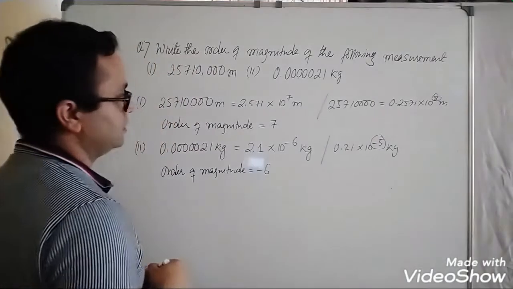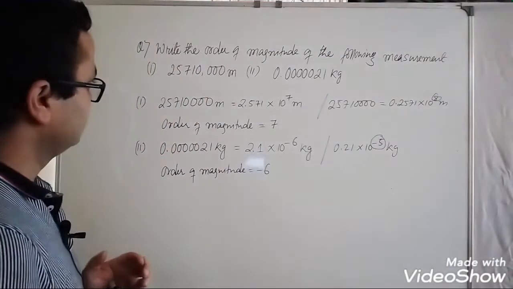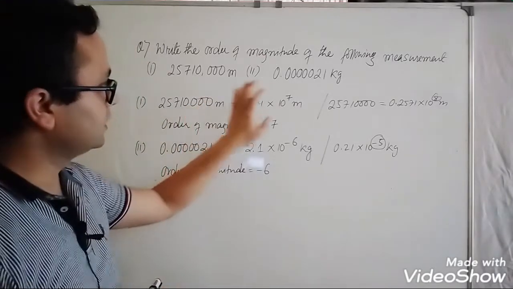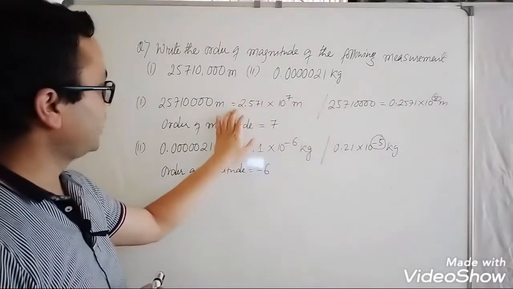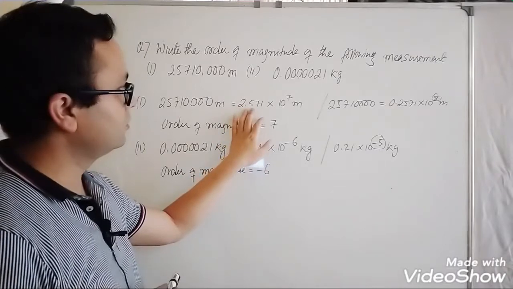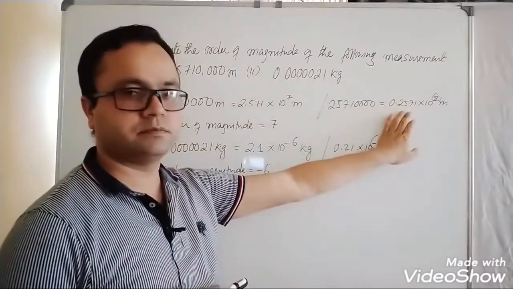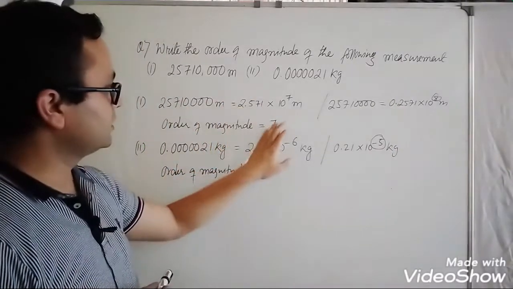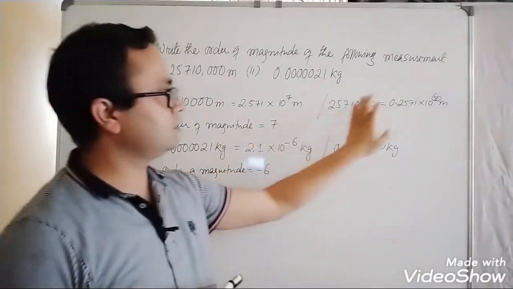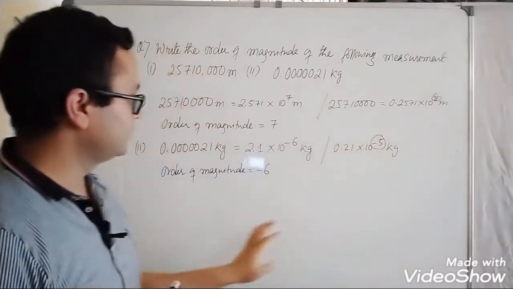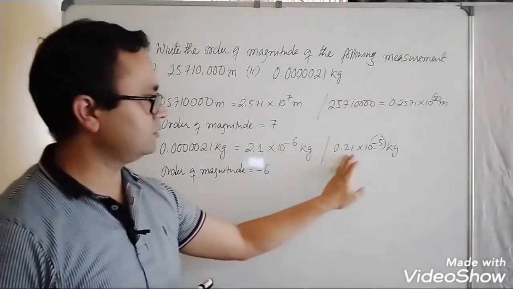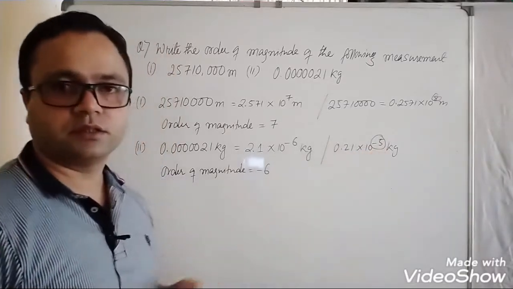So we can do it in two ways, either with the least significant digit or with the decimal form. In least significant form the order is 7, in decimal form the order is 8. Here, in least significant form the order is -6, in decimal form the order is -5.